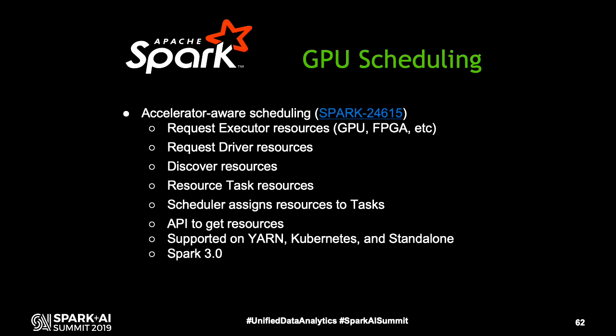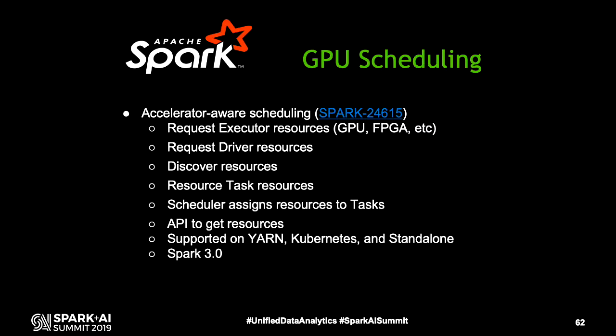Ideally, on Yarn you're running in isolation as well. So you ask for a container, and it gives you a container, and you can only see whatever GPUs you've asked for. But to work around that, we've also added the ability to discover resources. When you launch an executor, it will run a script that you've provided to discover what's there. That way Spark can use those addresses to schedule on and to ultimately tell you what addresses to use.